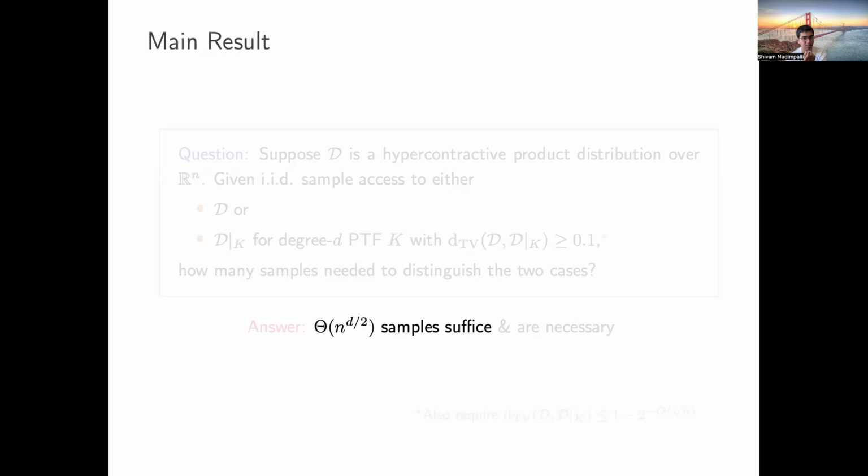A VC dimension or a learning type argument allows you to show that n to the d samples are enough to detect truncation. So our main contribution from the algorithmic side is a more efficient way of detecting truncation rather than learning. And the learning-based algorithm is not necessarily efficient in terms of runtime either.